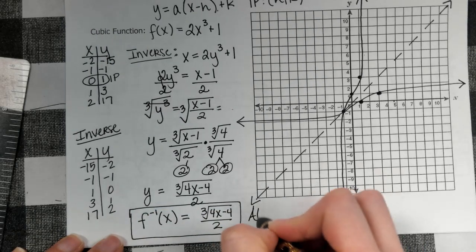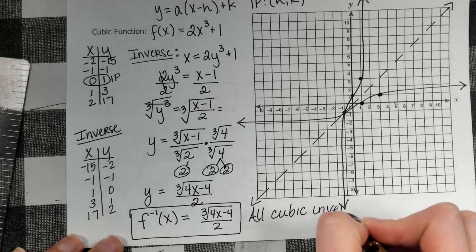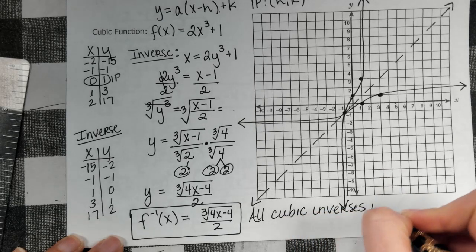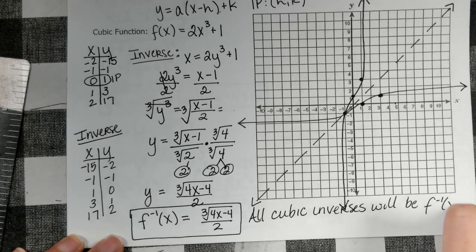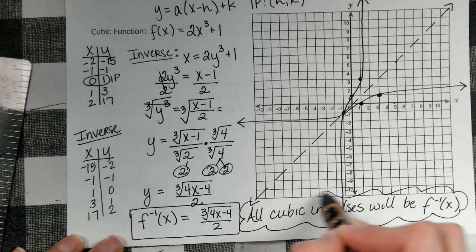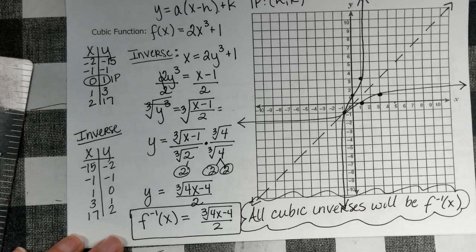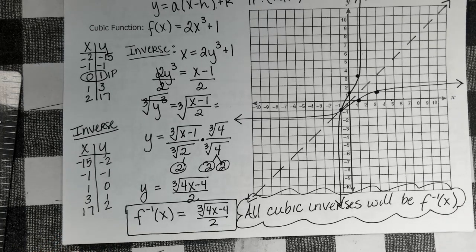So all cubic inverses will be f to the -1 of x. So as of right now, what we've discussed, what are the only ones that will not be a function for the inverse? Quadratic. I would maybe know that.